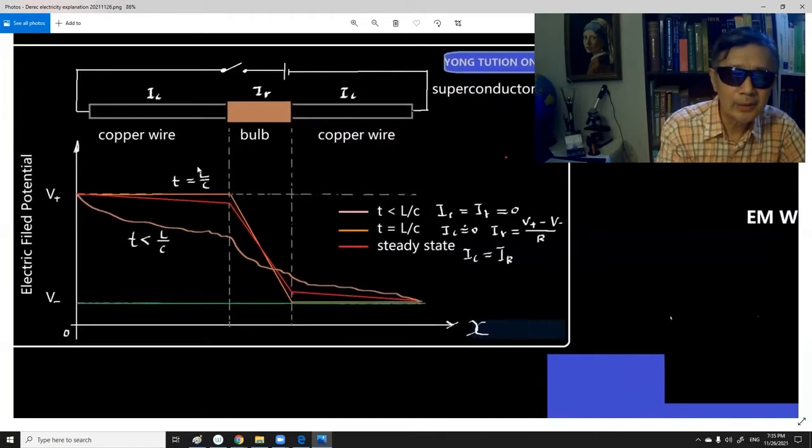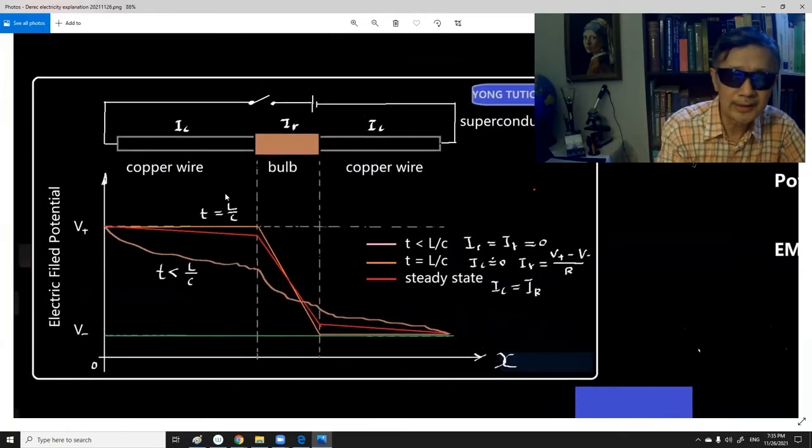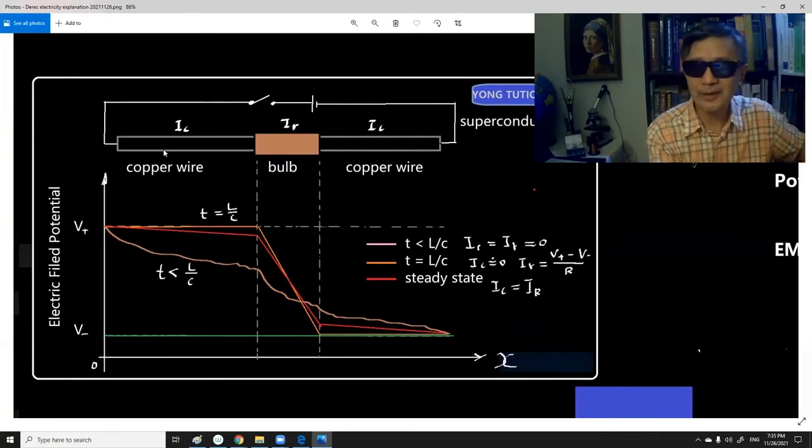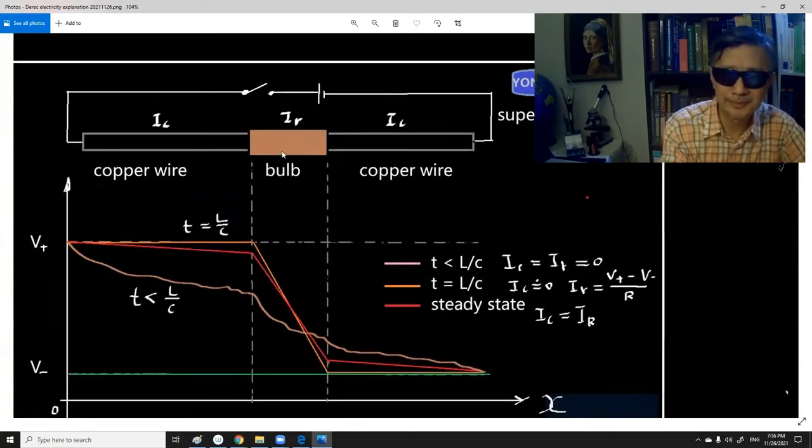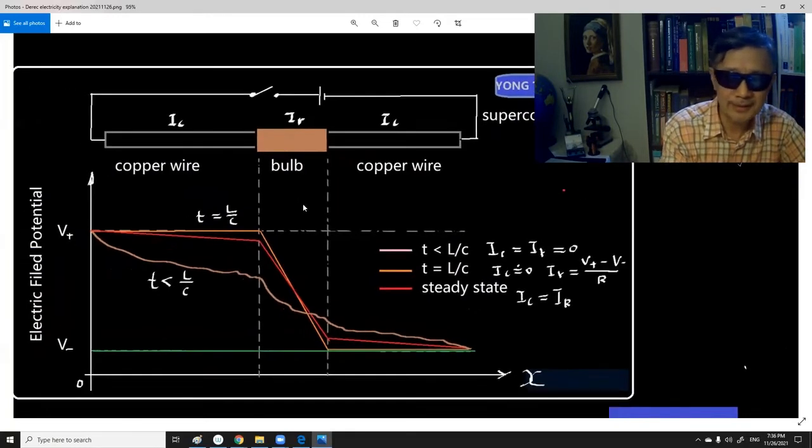On the other hand, we need to consider resistance, although it's very small. For example, the resistivity of copper wire is much smaller than the resistance of the bulb. So this is my hypothesis.